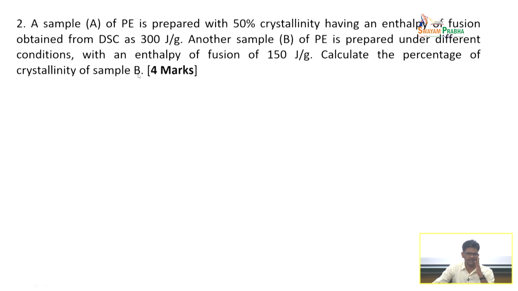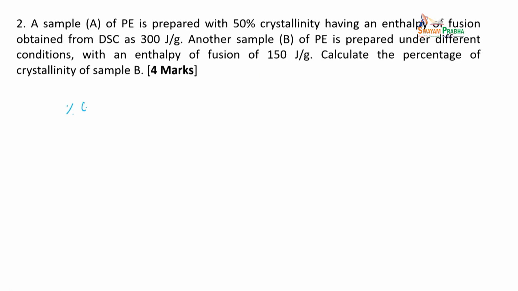I think in the class we looked at two ways of calculating crystalline content. One is based on this enthalpy of fusion from DSC, or based on the molar volumes of the sample and crystalline sample. So in this problem it's based on enthalpy of fusion.